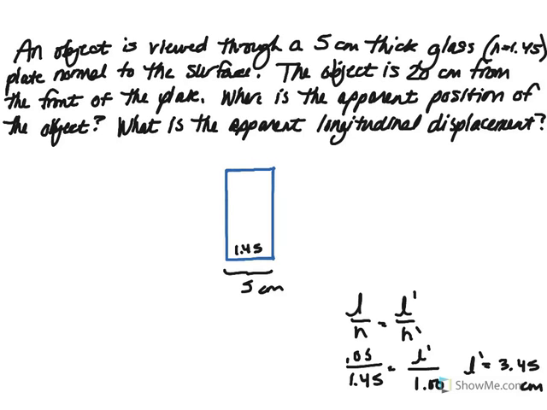So if we were to try to draw to scale maybe something like this. So if the apparent thickness is, in this case, 1.55 centimeters different than the real thickness, then we would say that the apparent longitudinal displacement of the back surface of the plate is 1.55 centimeters.